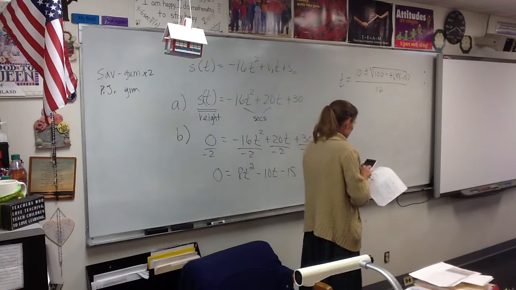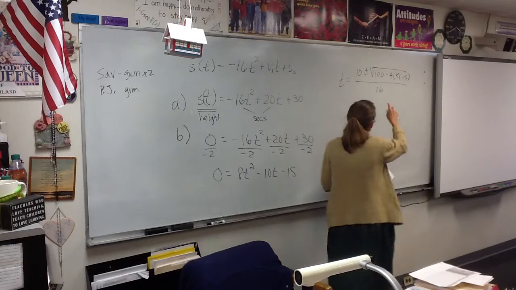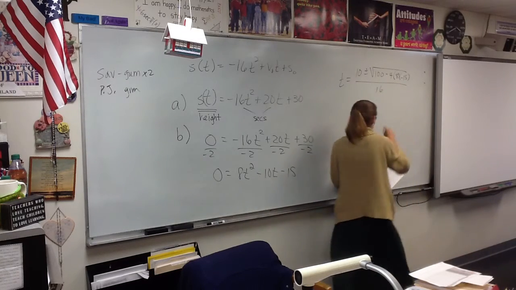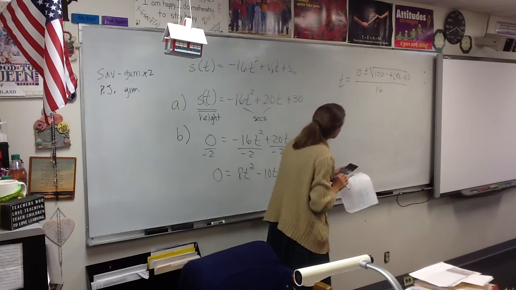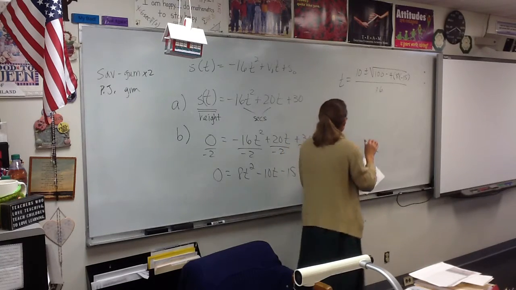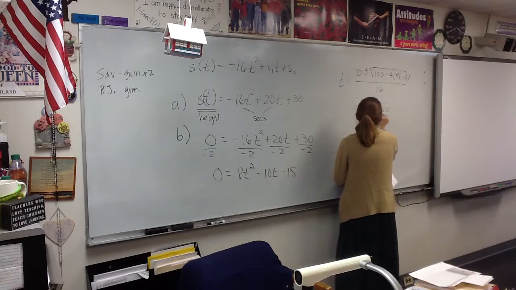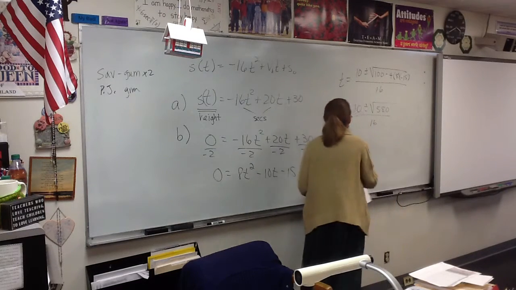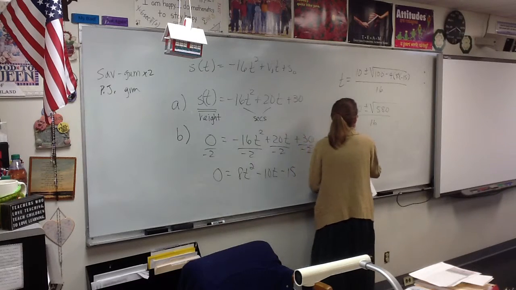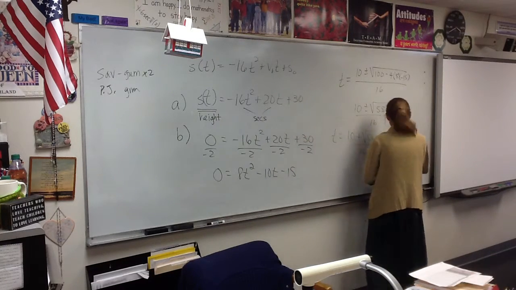So let's see. 100. What's going to happen with this double negative there? Yeah, so plus 4 times 8 times 15. I got 580 under there. So I'm going to get 2 answers, 10 plus root 580 over 16, 10 minus root 580 over 16.